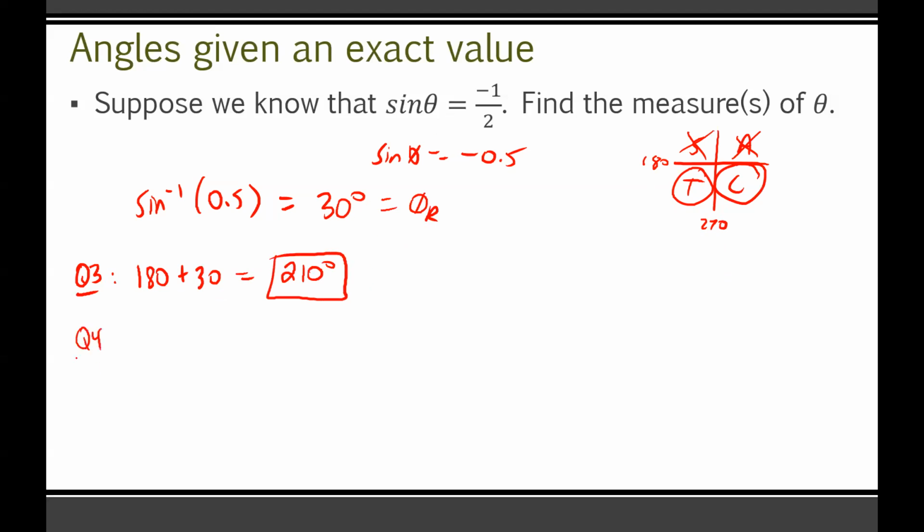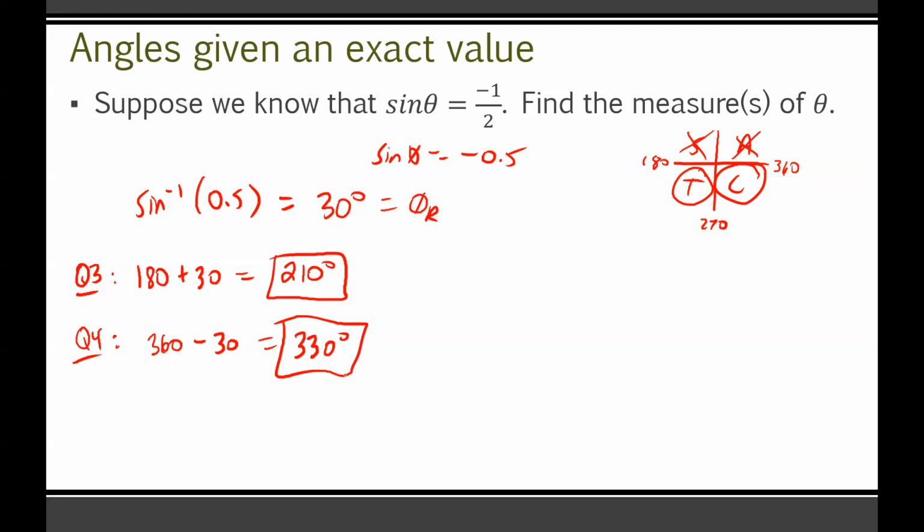In quadrant 4, however, we're also going to come down from our x-axis. Our x-axis here would be 360. If we go 360, we'll actually have to take away 30 because we want to be between that and 270. We'll take away that 30-degree reference angle, and you're going to have 330 degrees as your answer. That's it. Those are our measures of theta.